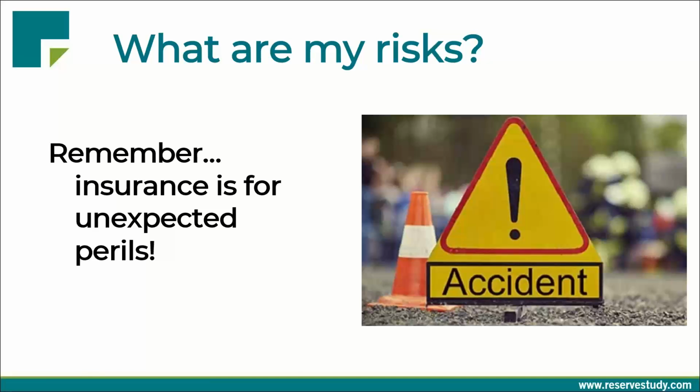On the other hand, the wear and tear is framed by the reserve study, which is a blueprint for me as an insurance professional to tell me what needs to be insured with respect to unexpected perils. But we know that the reserve study items are going to happen. The roof is going to wear out. Maybe not in 18 years, maybe not in 24 years, but reserve specialists get it a lot closer than you or I would.